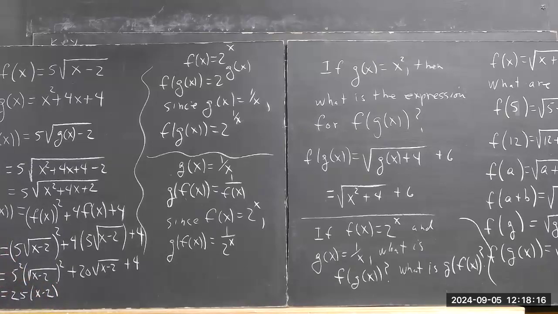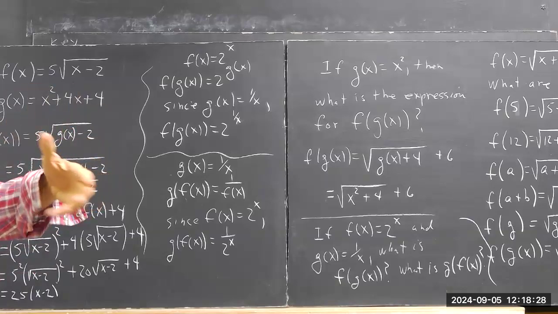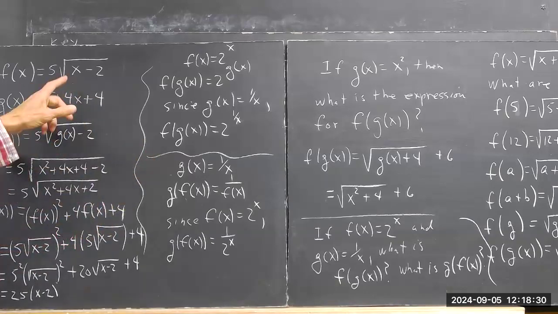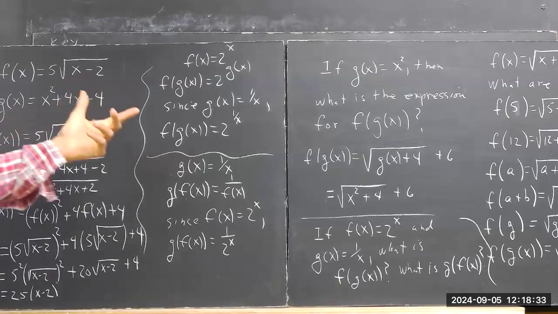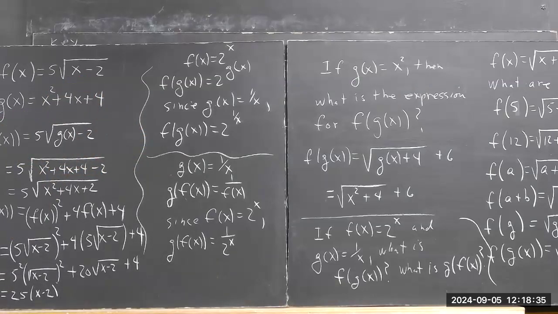Provided X is in the domain of this function, the domain of this F of X function consists only of numbers that are greater than or equal to 2, because otherwise X minus 2 would be negative. You couldn't take the square root. So you've got to be a little careful about that.